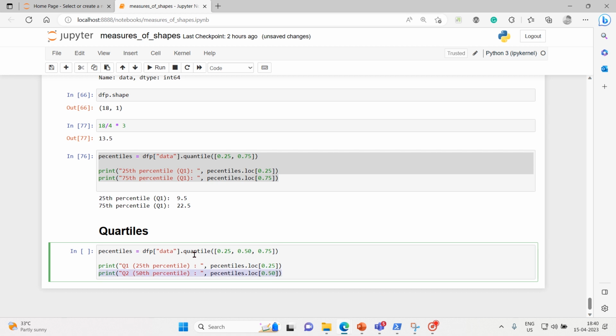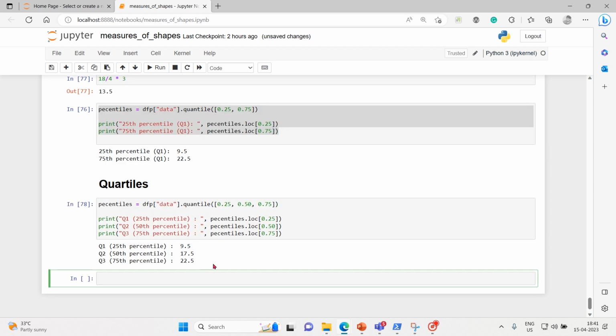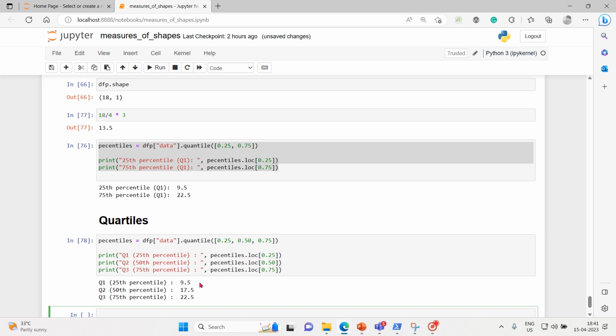And then the final, quartile 3, that's the 75th percentile. That means 75% of data should fall below this value. So 75, and let me make it 75. That's it. Here are your values.